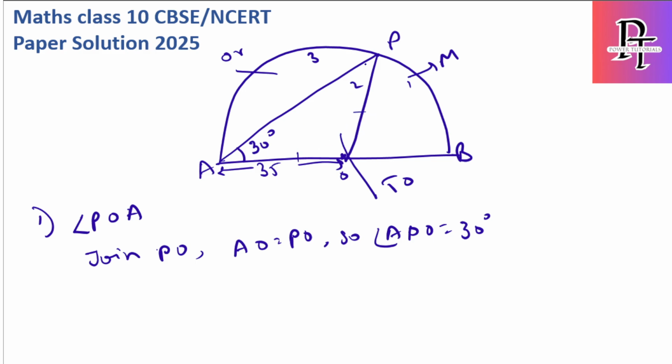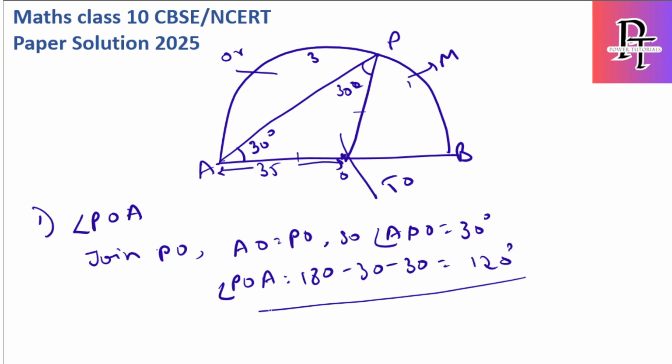If this is 30, this will also be 30. So then angle POA is equal to 180 minus 30, which is 120 degrees. So this is the first answer. This angle we got is 120. If this is 120, I can say this angle is nothing but 60. Okay, so let's draw these two as well.